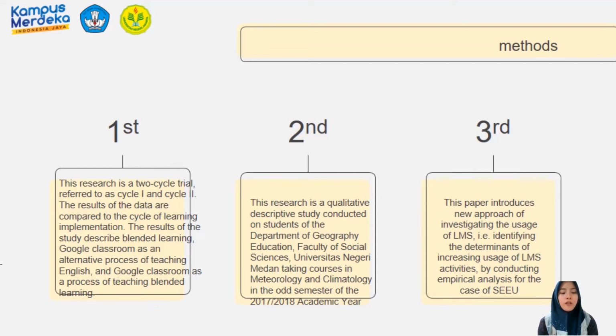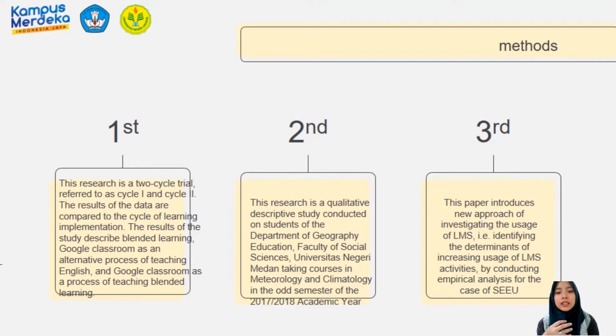The results of the data are compared to the cycle of learning implementation. After we get the results of the study, we can describe blended learning with Google Classroom as an alternative process of teaching English, and Google Classroom as a process of teaching blended learning. So this method is 2-cycle.